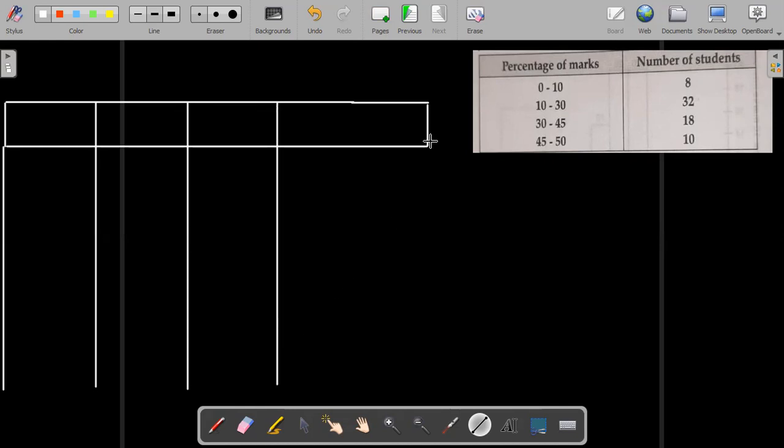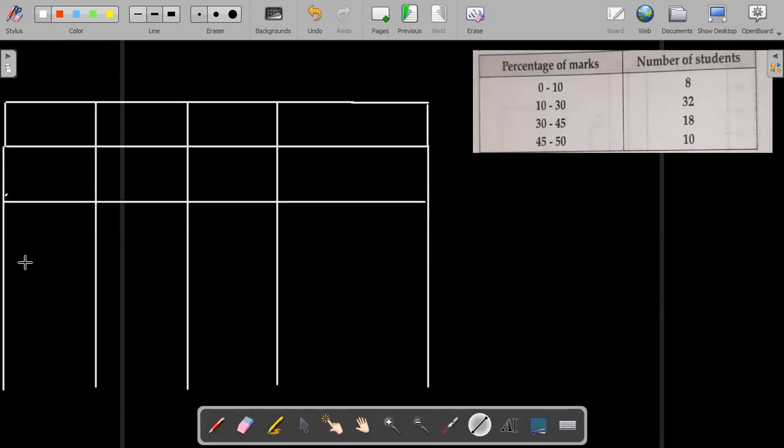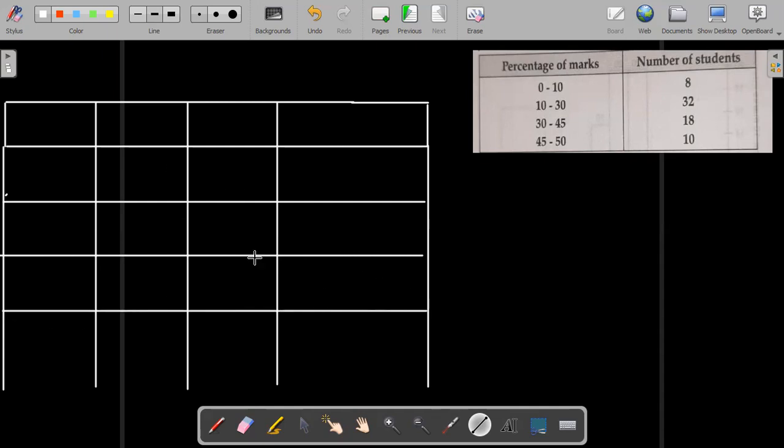Then we will make the adjusted frequency. Then we can draw the histogram. So we need only 4 rows. We can make it big because we will show the calculation inside.